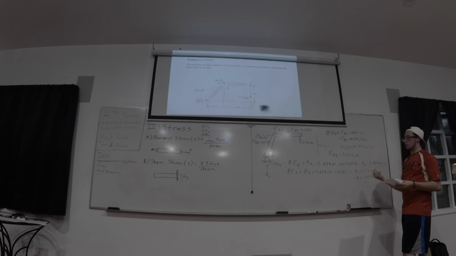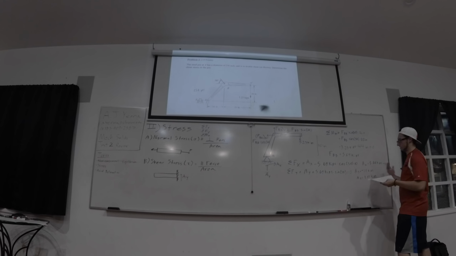And again, it'll work the same way if you assume the forces to be in the other direction, so it can't go wrong. I like up and to the right just because it makes more sense. It's kind of like first quadrant.